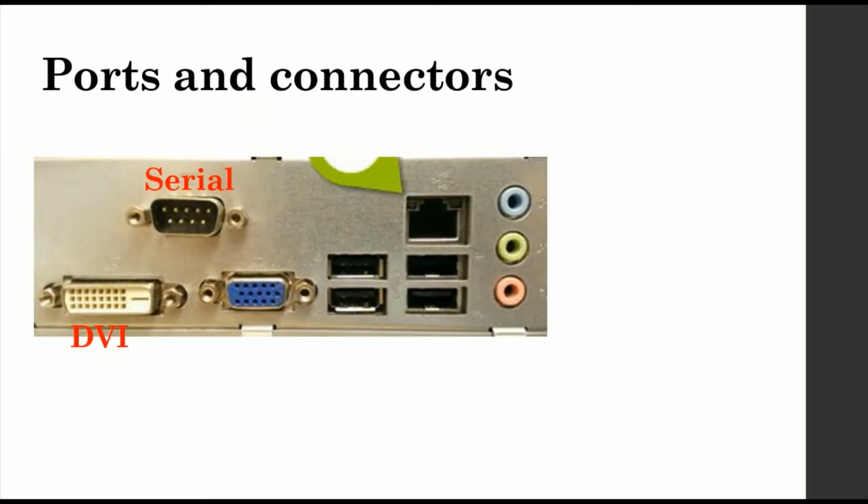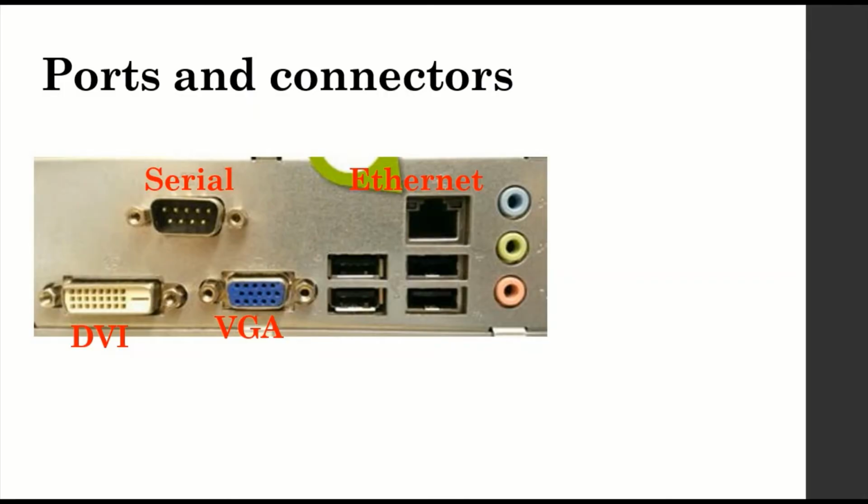Serial technology has been used for some printers, some mice, some keyboards, and so on, but they are becoming obsolete. VGA is also still being used, though on new computers you can't find it. You only find HDMI.